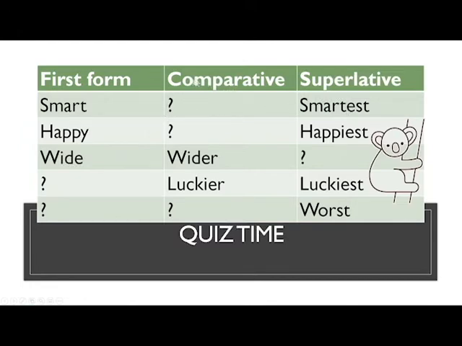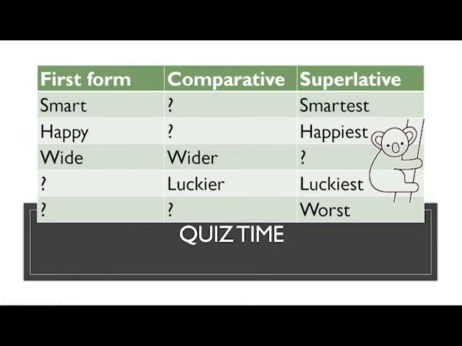The comparative form is made by adding er at the end, so it becomes smarter. Happy is another word in the first form of the adjective, or simple form, you can say. But in order to make it comparative, we remove y and add ier at the end, so it becomes happier.